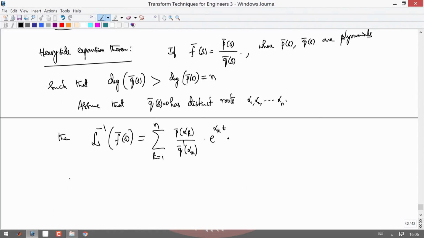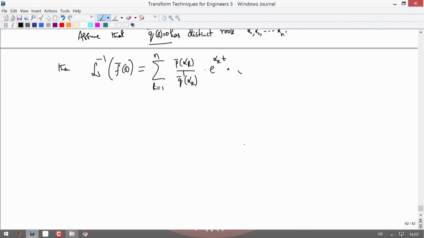If you use this Heaviside expansion, you can easily calculate the Laplace inversion for certain rational functions, where the degree of the numerator is smaller than the degree of the denominator. The denominator degree is n.